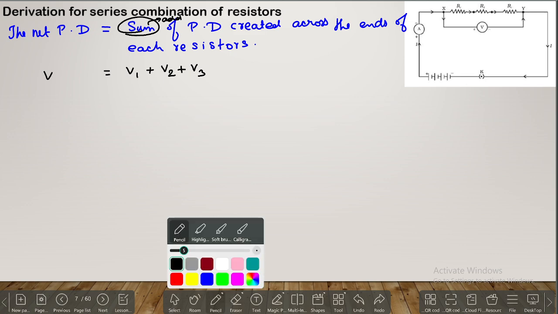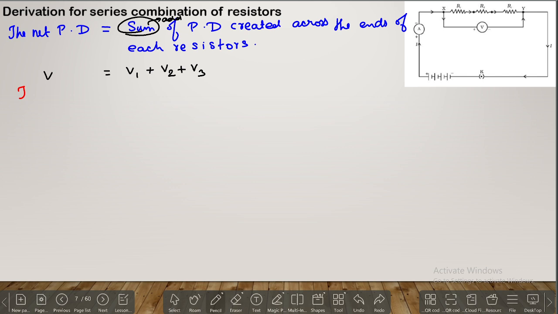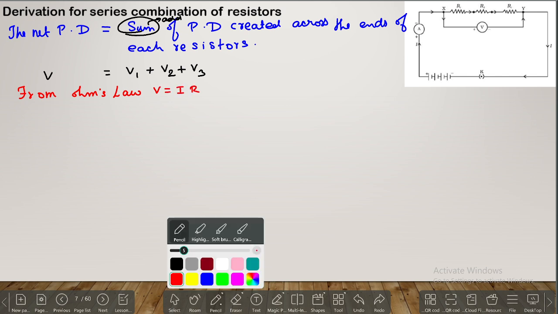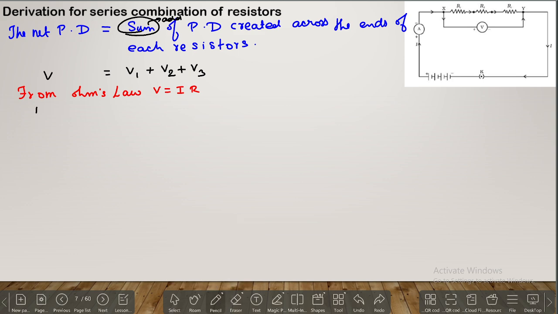Now, from Ohm's law, what is the Ohm's law formula? V is equal to I into R. Now in the place of V, we substitute: I R is equal to I1 R1 plus I2 R2 plus I3 R3.